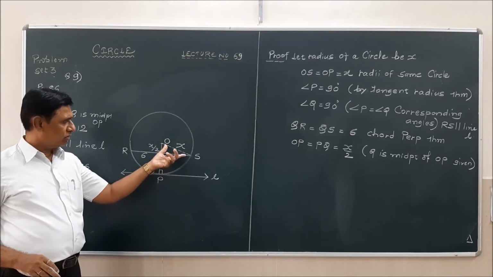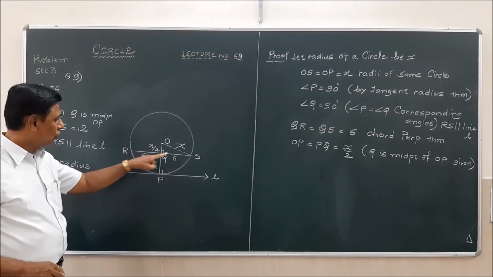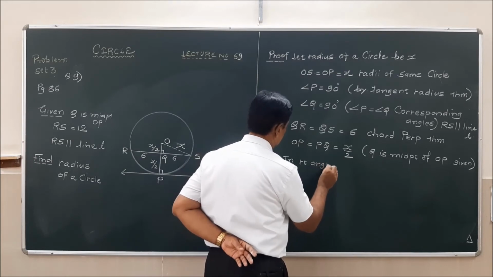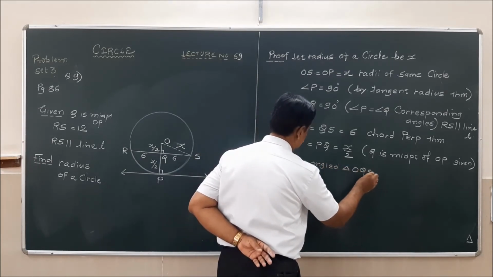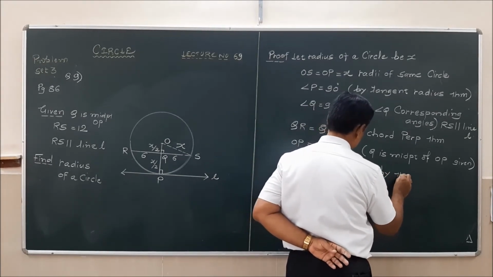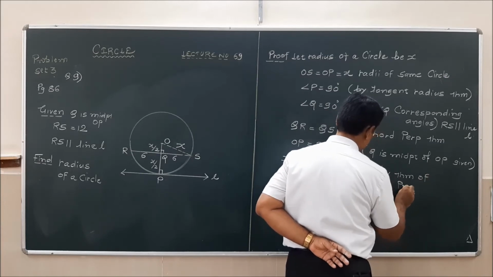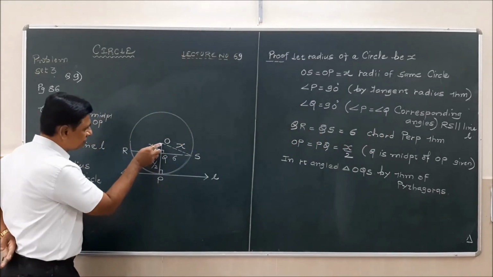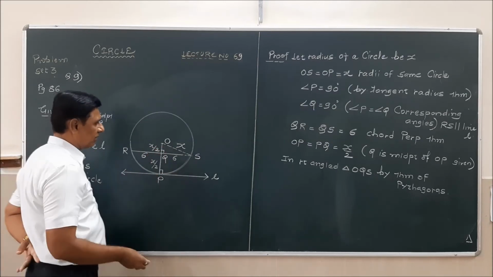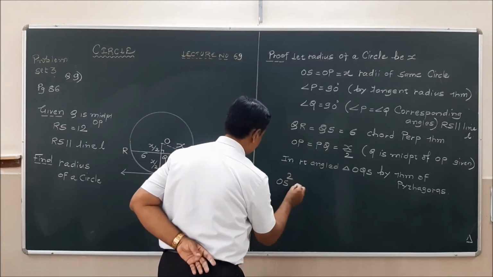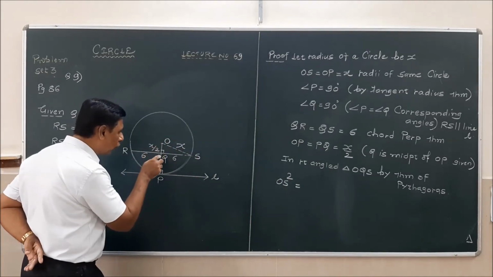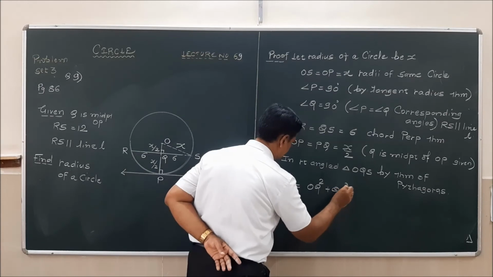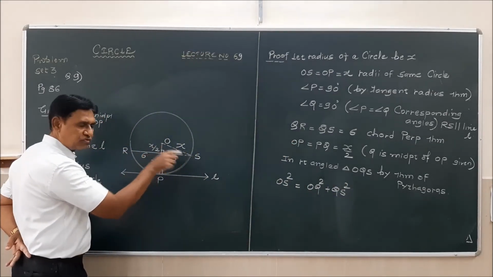Now what we have to find out? OS, that is radius. So in right angle triangle OQS, by theorem of Pythagoras, you will notice OS is hypotenuse, so OS square is equal to OQ square plus QS square.